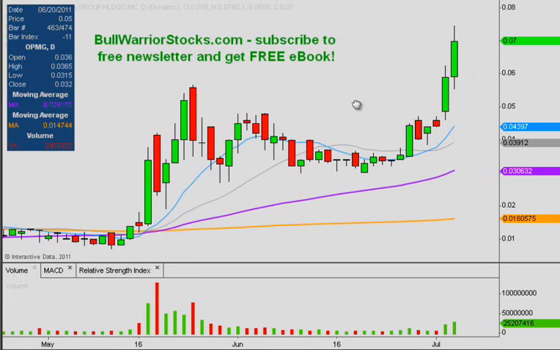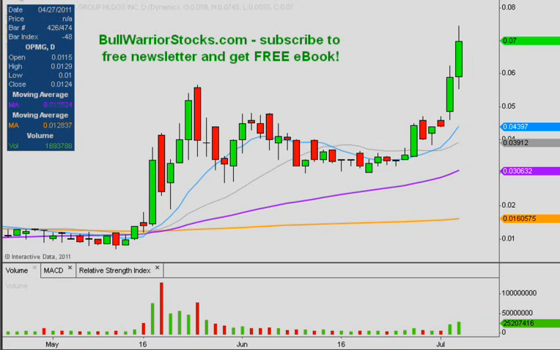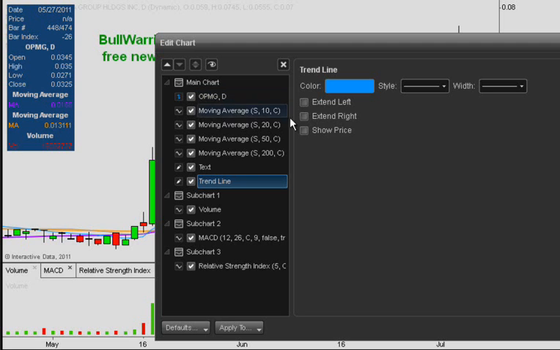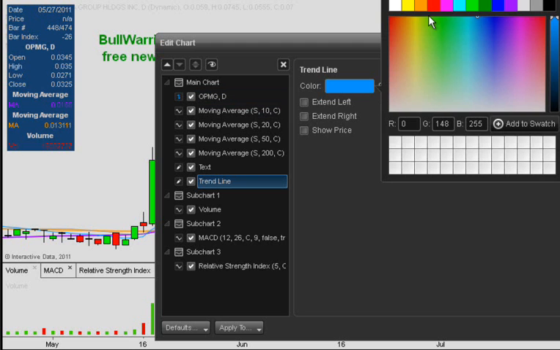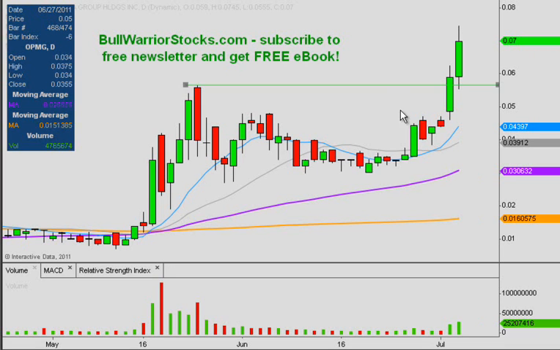So in terms of support levels, the first one that was established today, or I think I lied, was established yesterday, was the previous high over here, which was at 0.0565. So let me change this to green to represent a level of support.